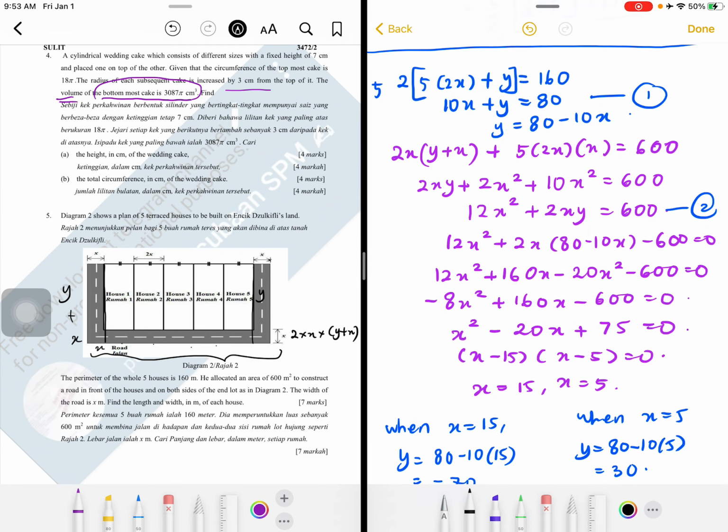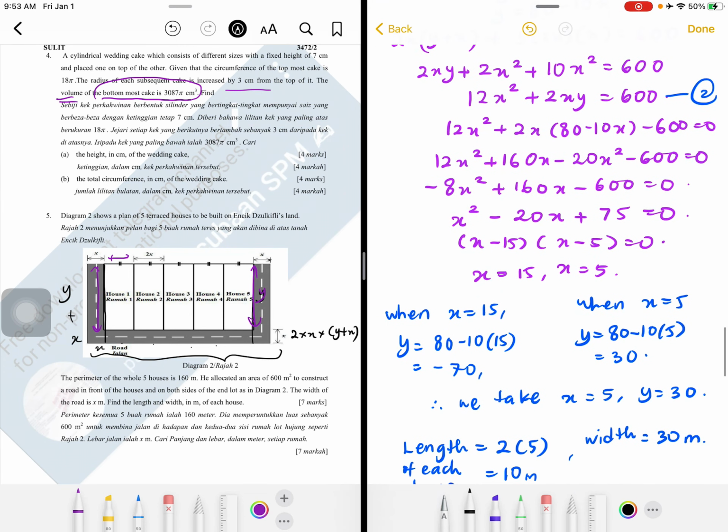Kalau kita tengok rumah kan, kalau ini kita panggil panjang, ini kita panggil lebar. Kat sini kita ambil y. Kita katakanlah panjang dia adalah y, ataupun lebar dia adalah y.